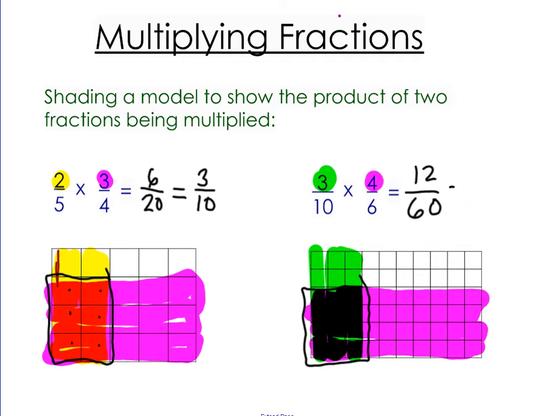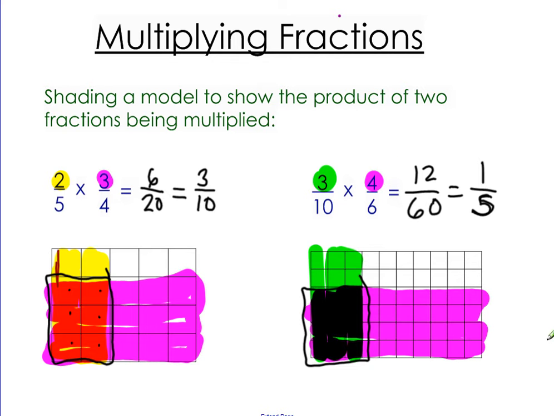Let me find the greatest common factor they both share. Well, I know that 12 can divide into 60 evenly, so 12 will probably be the greatest common factor we need to reduce. So 12 divided by 12 is 1, and 60 divided by 12 is 5. So 1/5 is the answer to 3/10 times 4/6.